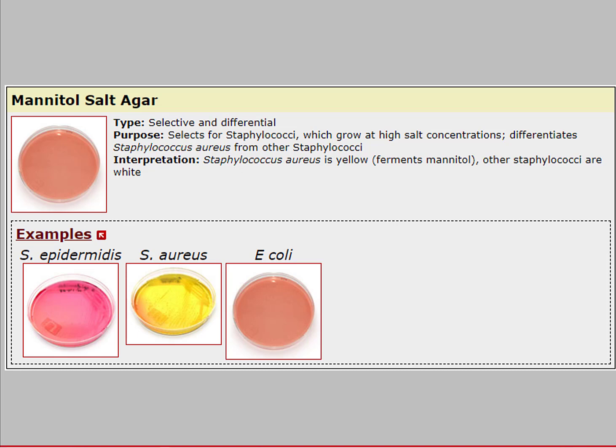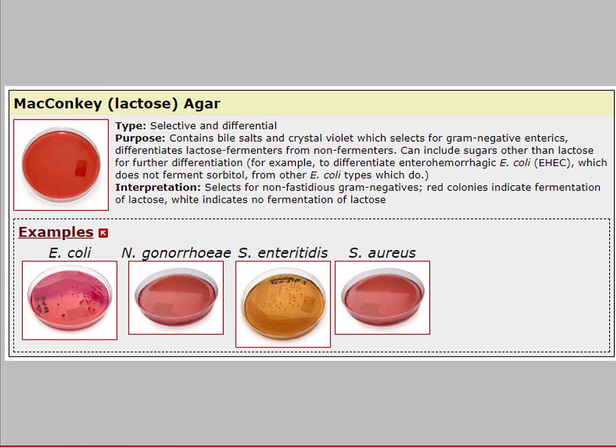Here's the MacConkey agar I mentioned before. It's selective and differential. It's selective because it has bile salts, and it contains crystal violet, which is part of the gram stain that we use. The gram stain dye is in there, and it's inhibitory.